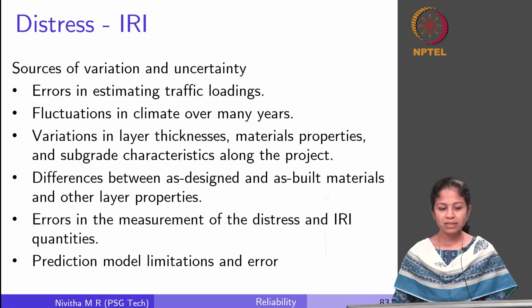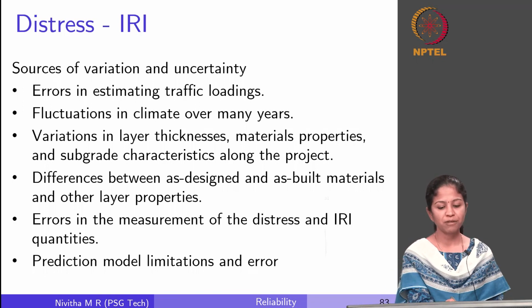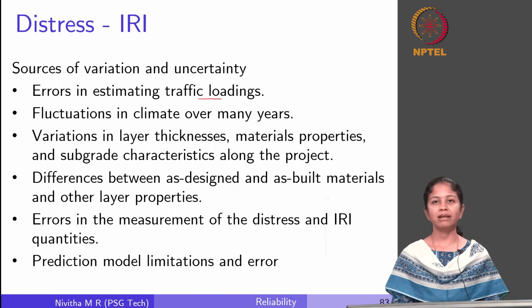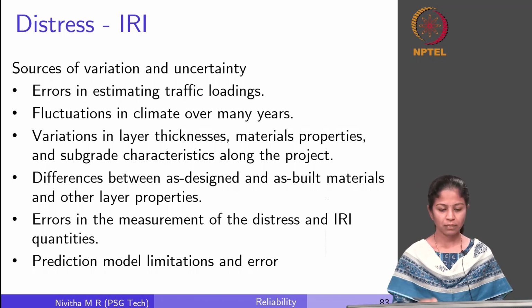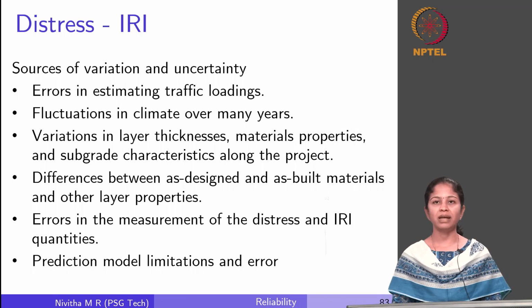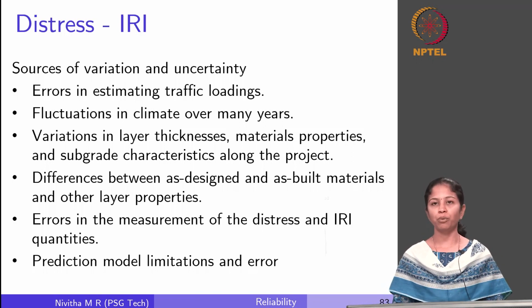Now let us see what are the factors which cause variation in this IRI, right. So, the sources of variation and uncertainty: if I use a mean input value, what factors would cause variation from this mean input value?